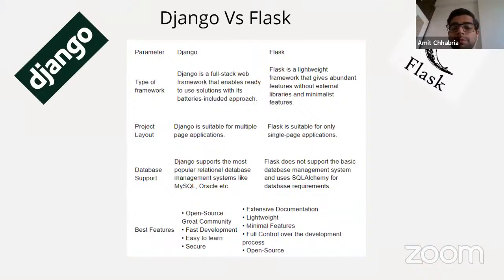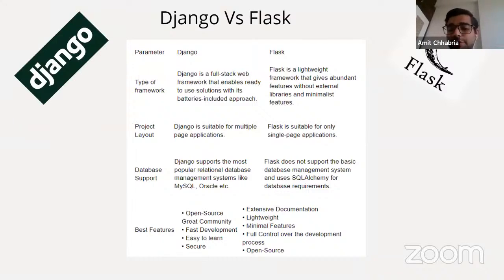If you're using Django, it will support all these different databases. You just have to go into the settings.py file of the Django project and make certain changes, and you will be able to set up SQL database, Oracle database, and different types of database. You can just integrate with them.